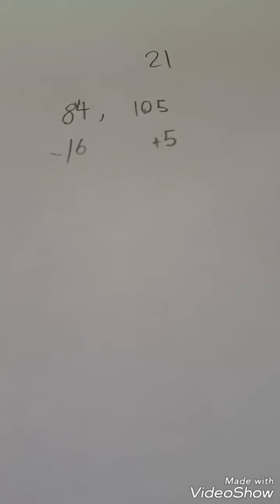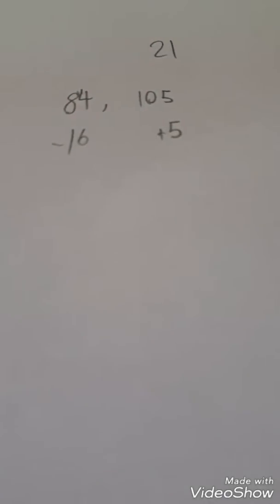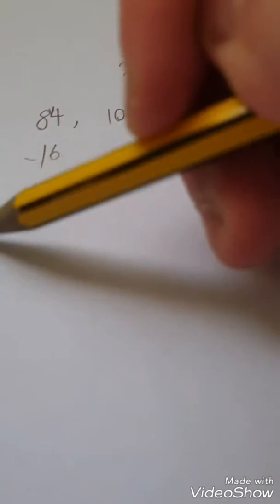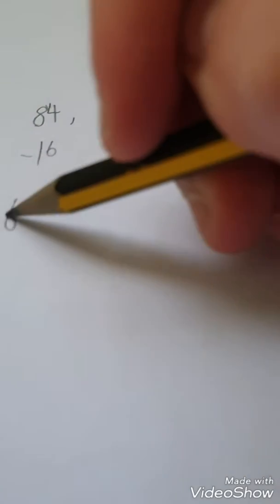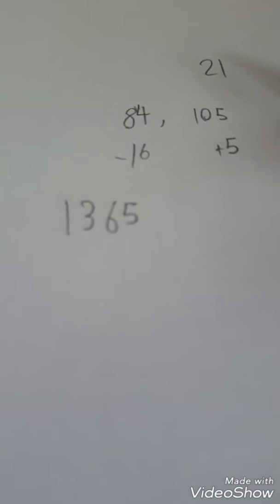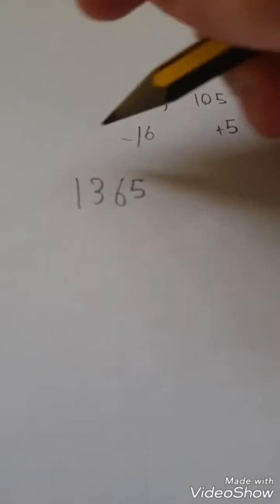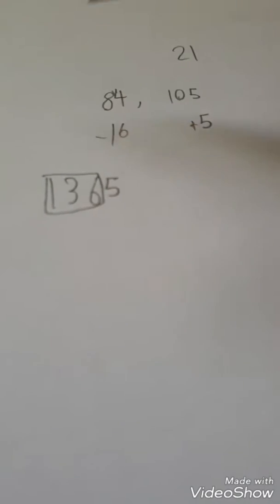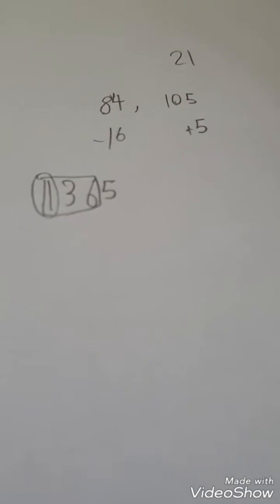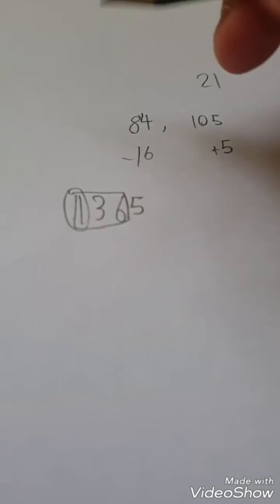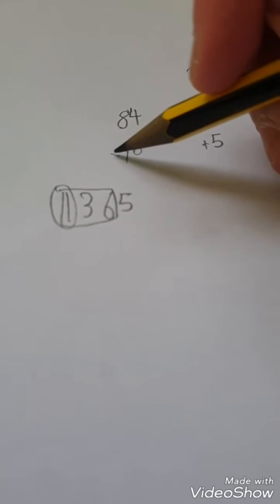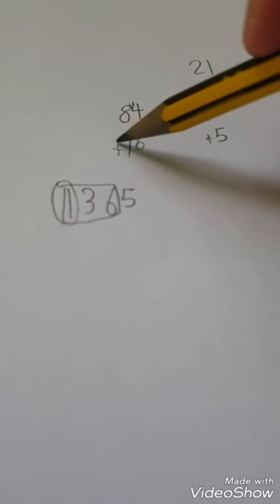Let's find first any number that is divisible by 21. Yes, this number, for example, 1365. The first step is to take the first three digits and multiply this number by the opposite sign of this, which is negative 16, so opposite will be positive 16.